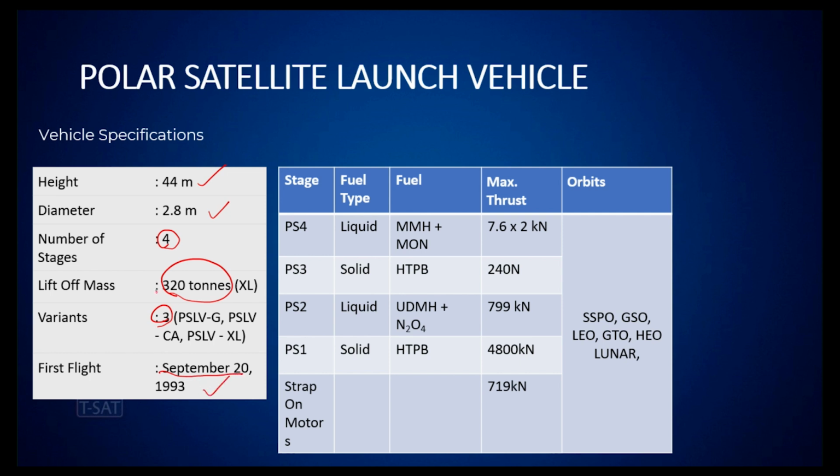We are talking about the number of stages of this satellite launch vehicle. Last time we were discussing the stages and what is in each stage. This is PS4, that is the 4th stage. The 4th stage has a liquid fuel.